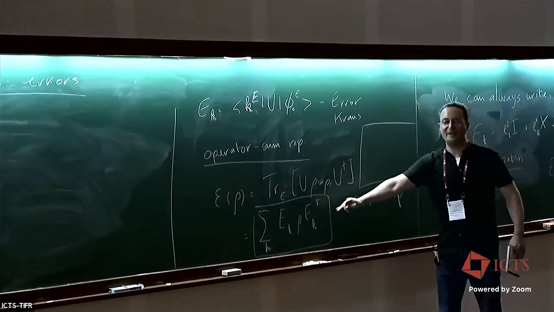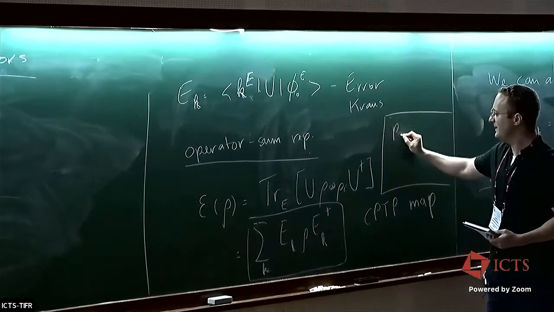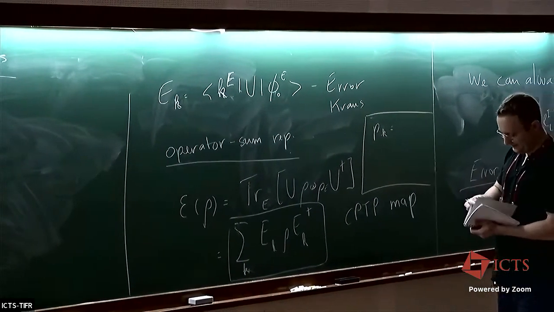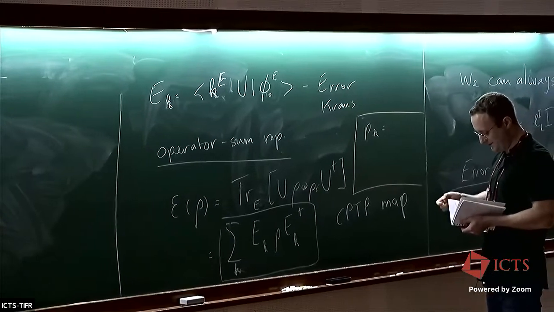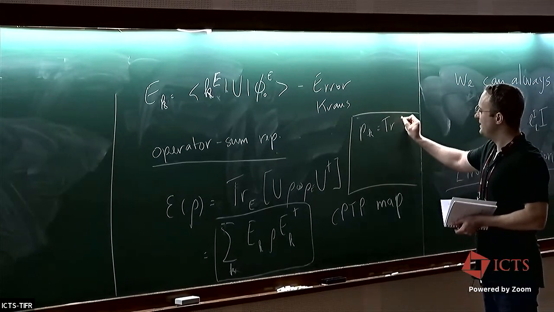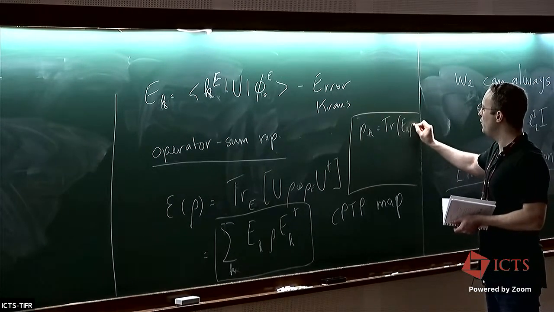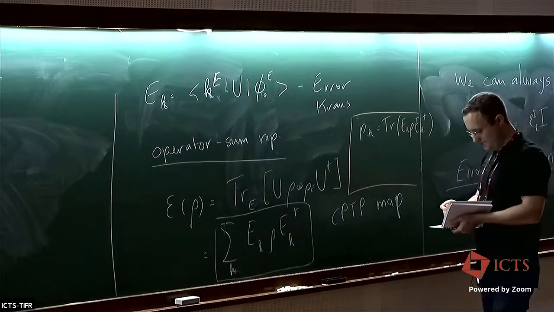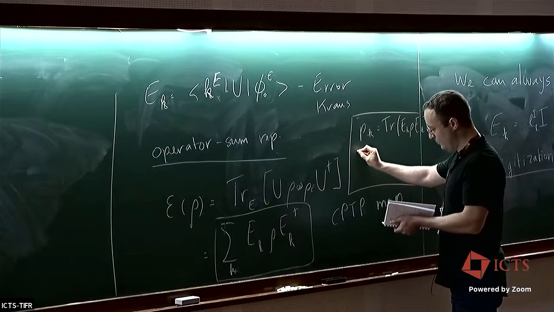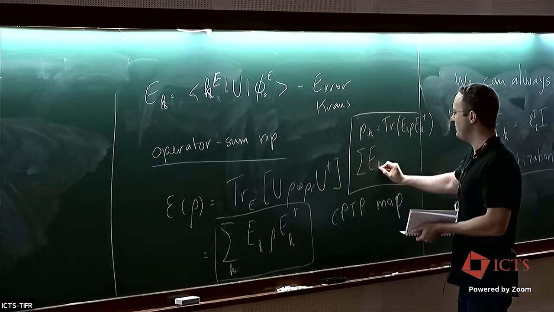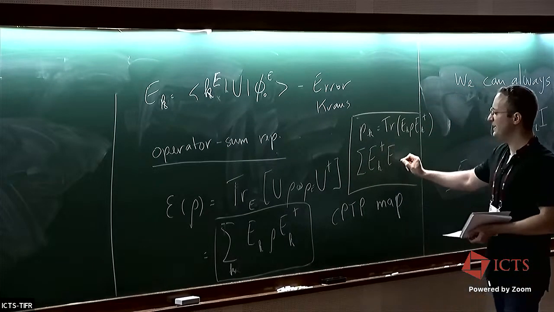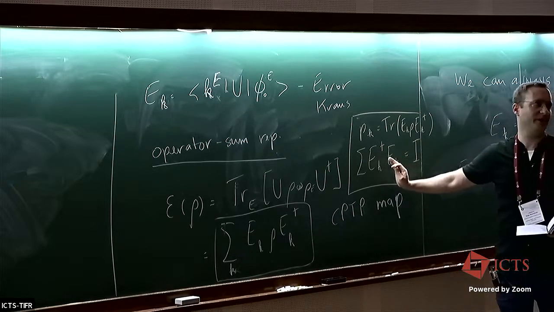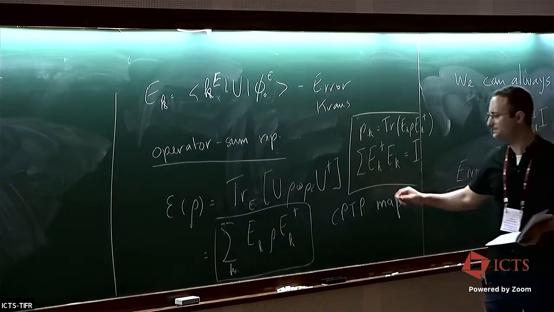The probability of measuring K, of getting the outcome K, is the trace of E_K rho E_K dagger. To conserve probability, you want the sum over K of E_K dagger E_K to be the identity operator. If this is true, they will sum to 1, and this is the only condition.